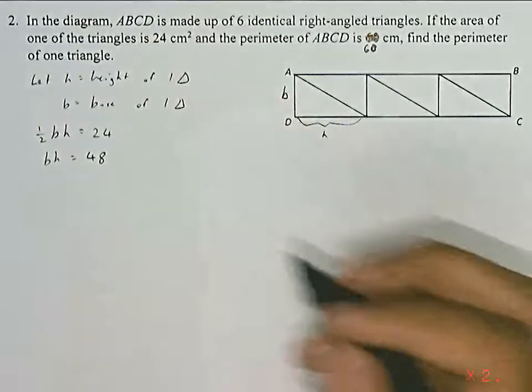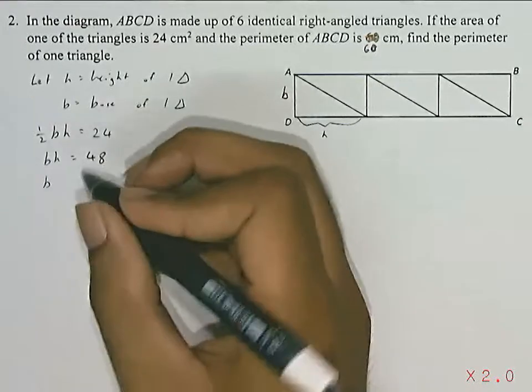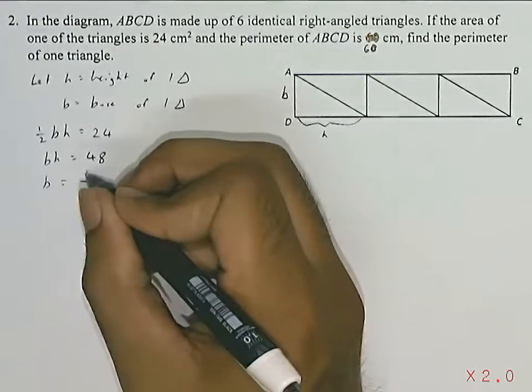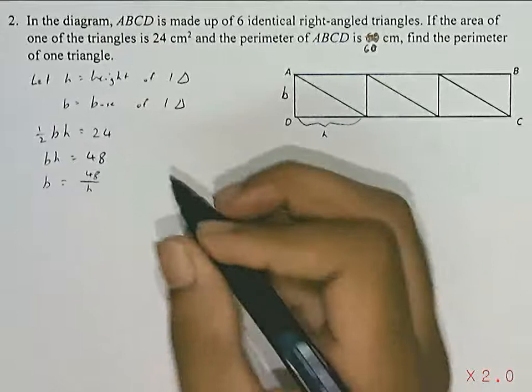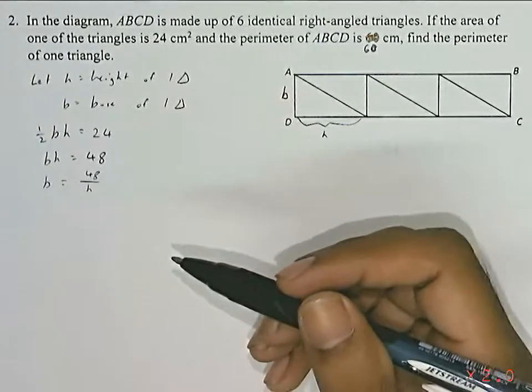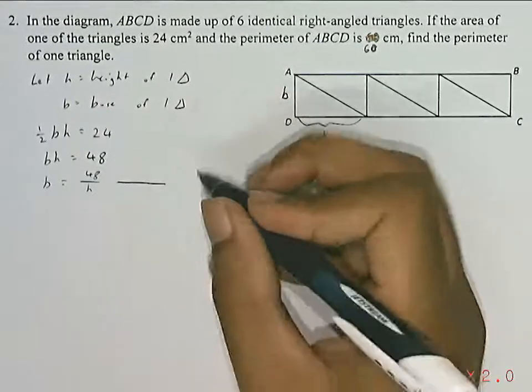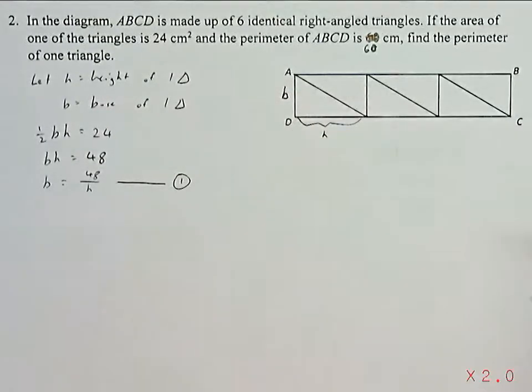And now I'm going to take this one step further and bring the h over. So b is equal to 48 over h. By doing this, I'm going to use the substitution method to solve for the two equations. And I will label this as equation 1.